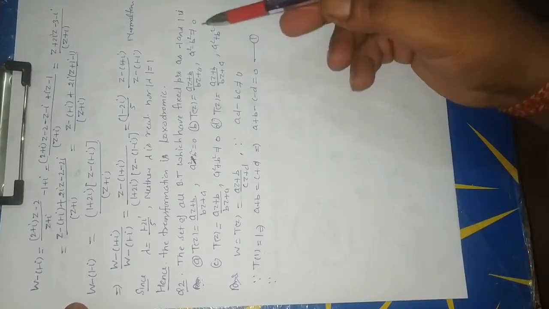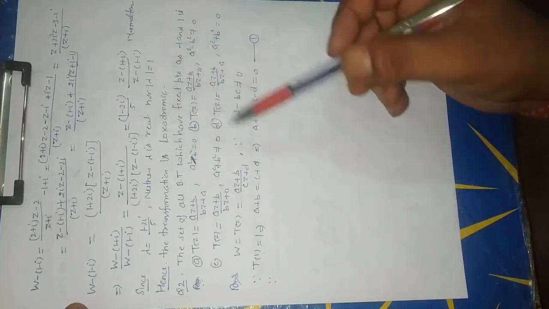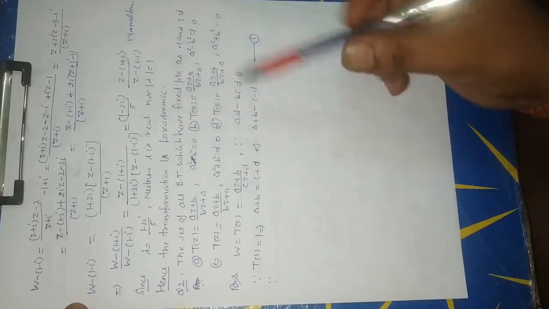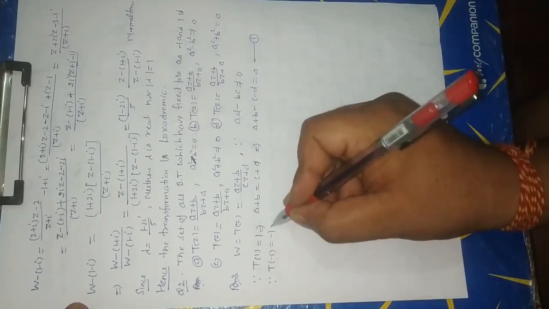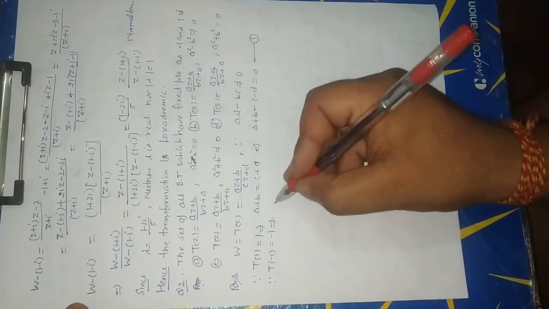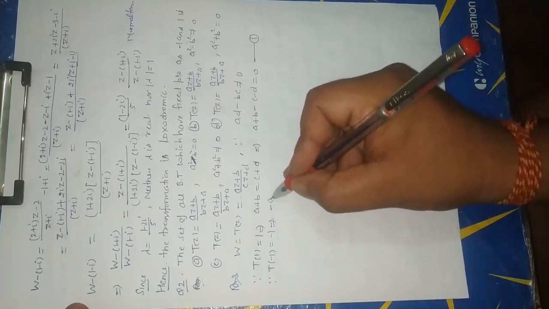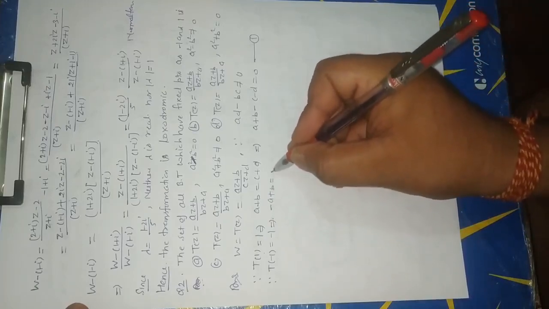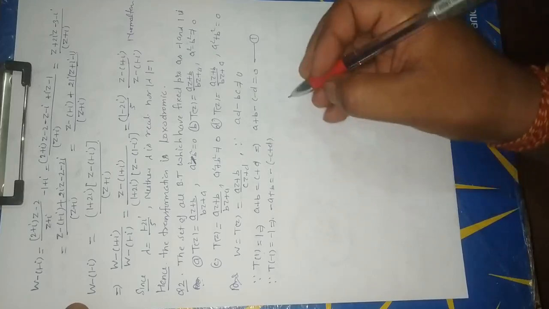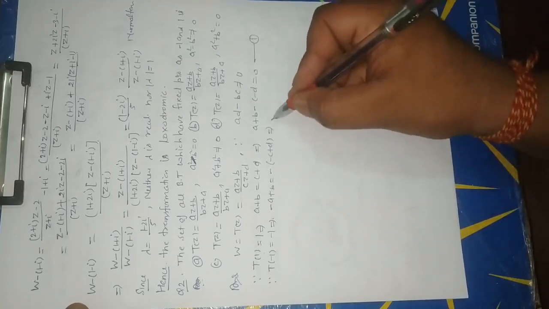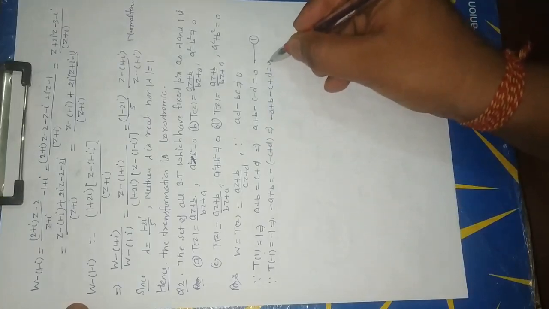Now for the second invariant point, the second invariant point is minus 1, that is T(minus 1) is equal to minus 1, implies minus a plus b equals minus c plus d, that is minus a plus b plus c minus d equal to 0.